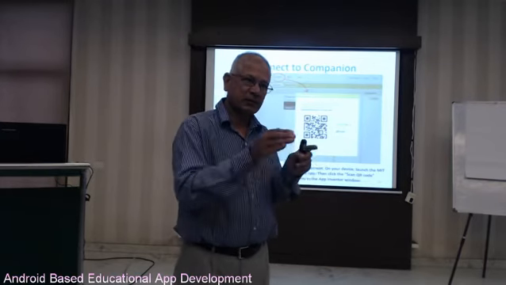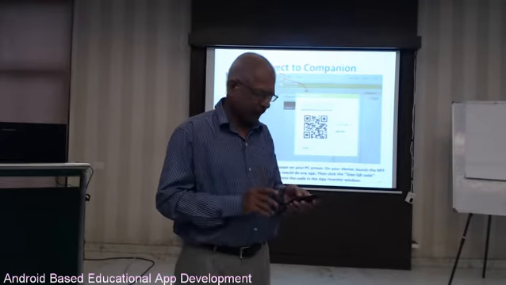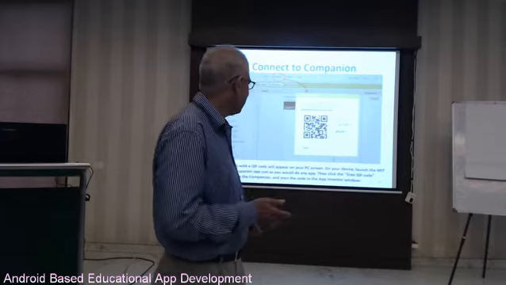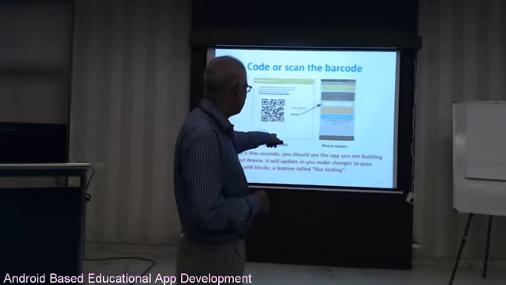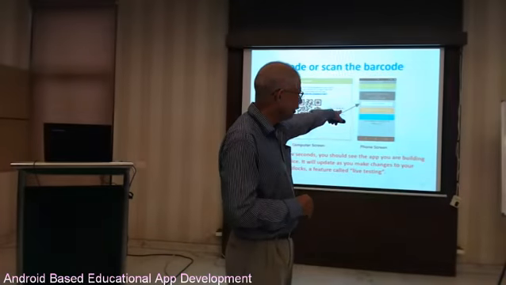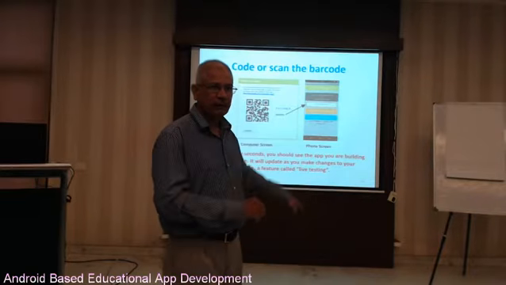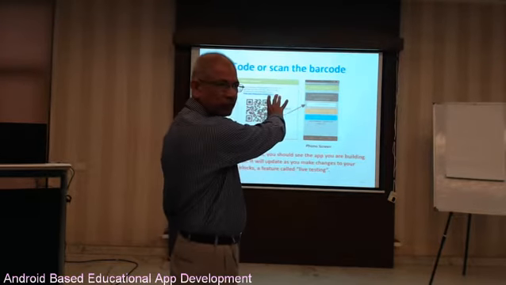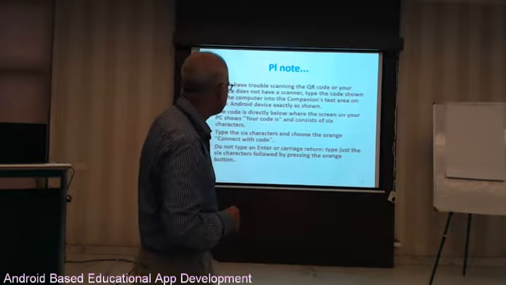Once it gets the code, it will take a few seconds and then will be in sync with the screen. Like here, either type it or, in the blue script, click scan QR code, and then keep your cell phone in front of it, and it reads, and then it will connect.